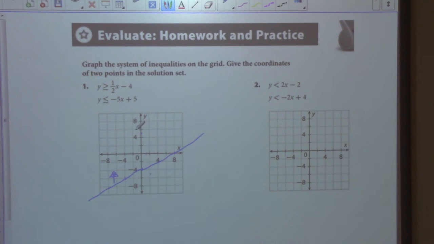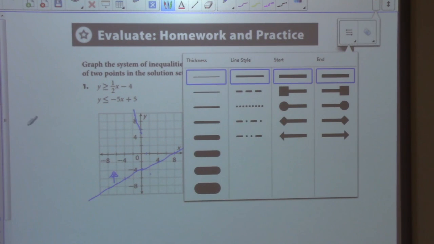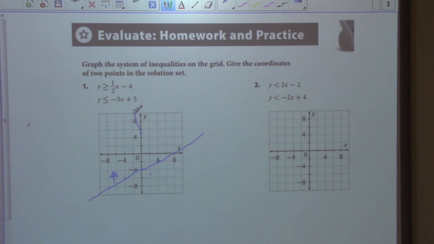So something like this. Pretty steep. So equal to and less than. I'm going to change colors, just because I can. Which way is less than? Down, down to the left.